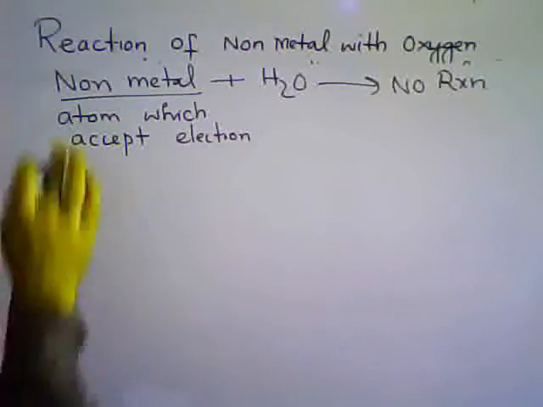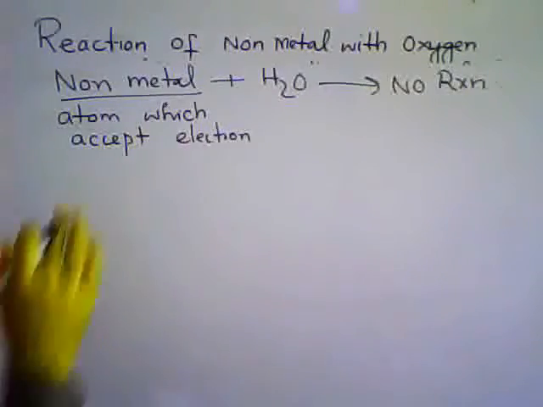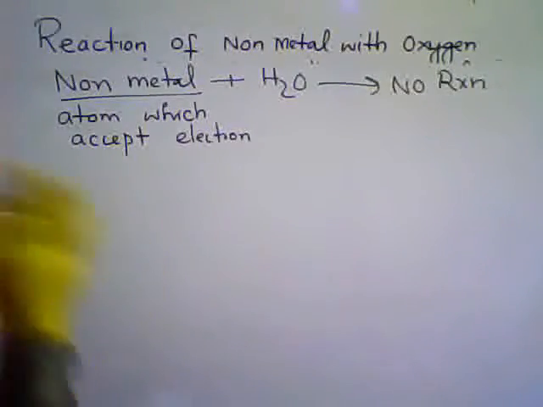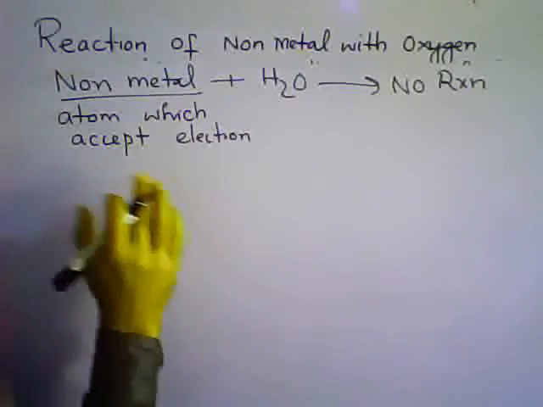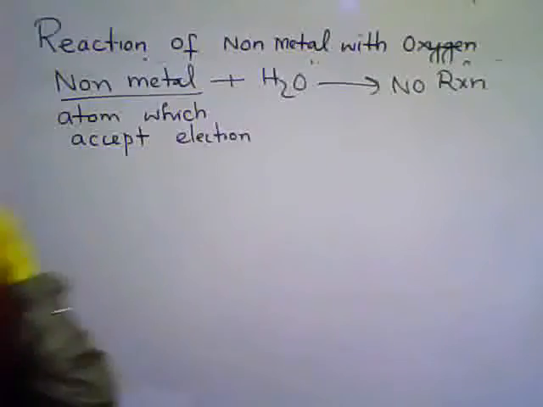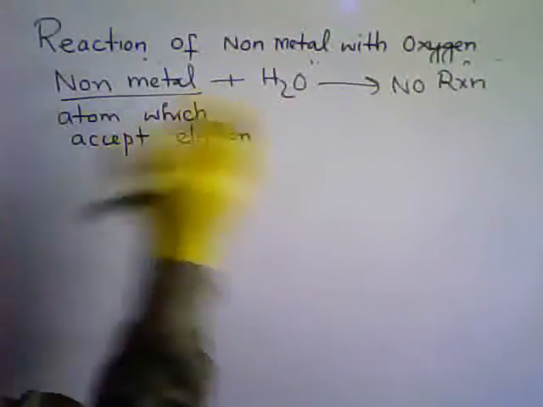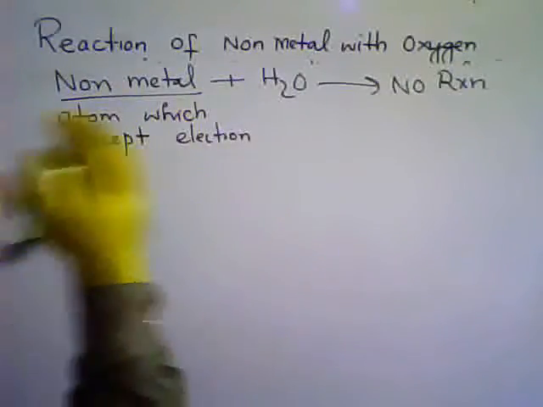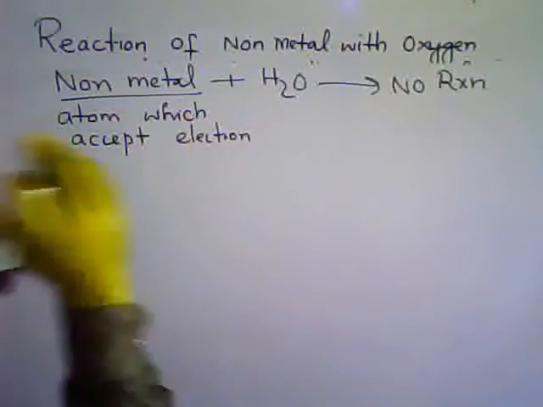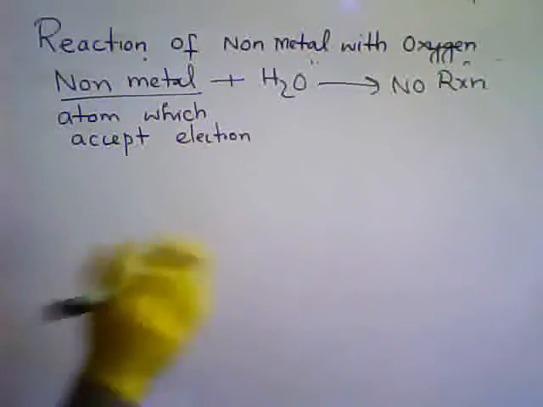Okay dear, it is electron accepting, because non-metal is an electronegative element. It will not donate electrons. Hydrogen will not be reduced, that is, hydrogen ion will not be reduced to hydrogen gas. So there will be no reaction. Hydrogen needs an electron to get reduced. So there will be no reaction.